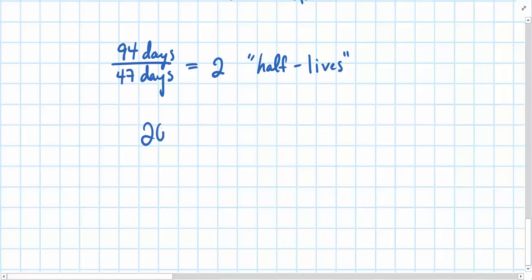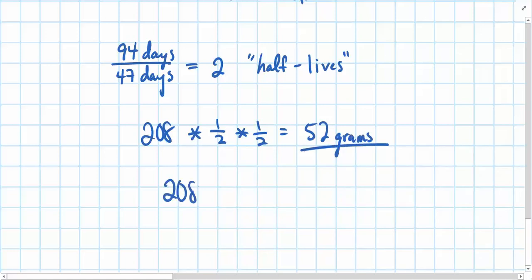When we start with 208 grams times a half-life twice, we see that we're left with just 52 grams. And again, this written as an exponential might look like this: 208 times 1/2 raised to the second power.